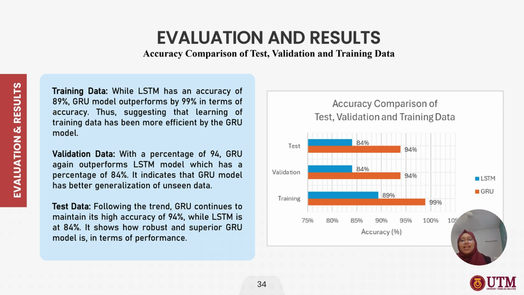Validation data has a percentage of 94 for GRU and 84 for LSTM, which also indicates that the GRU model has better generalization on unseen data. In test data, GRU also has 94%, and 10% less than GRU is LSTM, which is 84%. It shows how robust and superior the GRU model is in terms of performance.